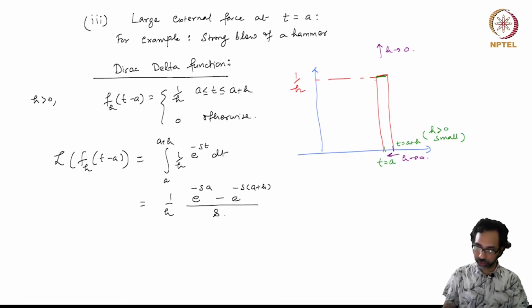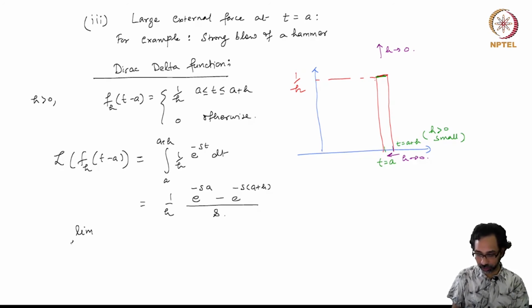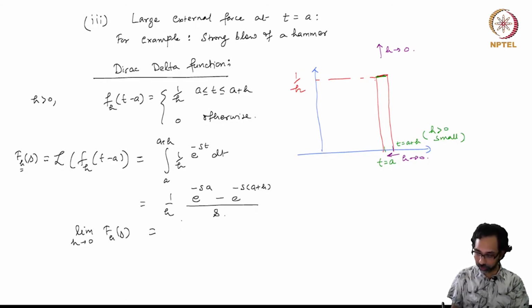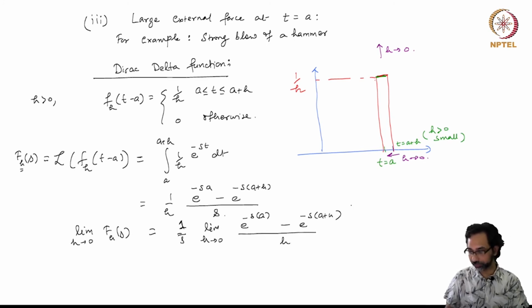And then one can take the limit as h goes to 0 of this Laplace transform. Let's call this F_h(s). So F_h(s) is nothing but 1/s times the limit as h goes to 0 of (e^(-sa) - e^(-s(a+h)))/h, and this is nothing but the negative of the derivative of e^(-sx).